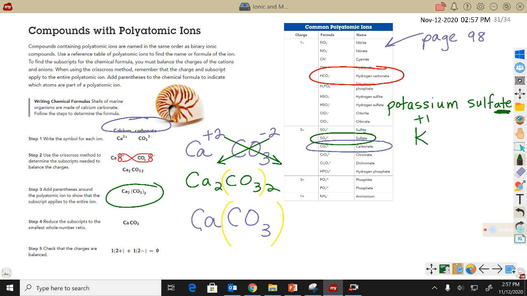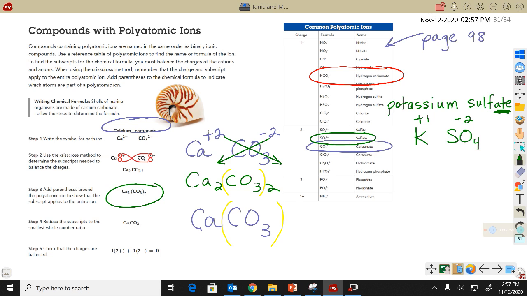And so I've got the symbols, SO4, and I've got the charge, -2 or 2-. I don't know, just since I was a baby, I've been writing -2. But 2- is fine.